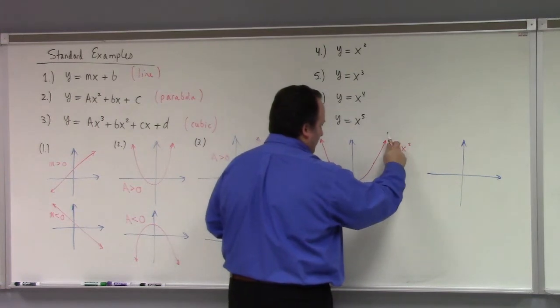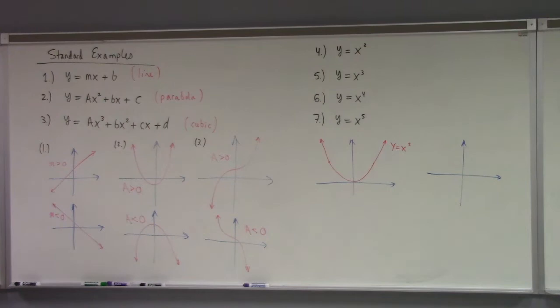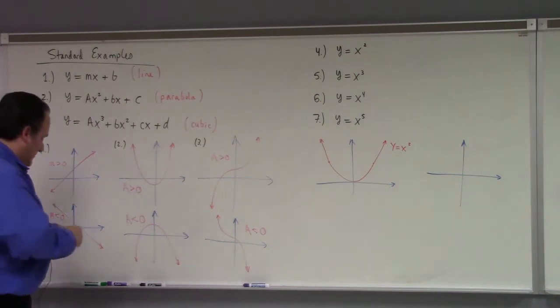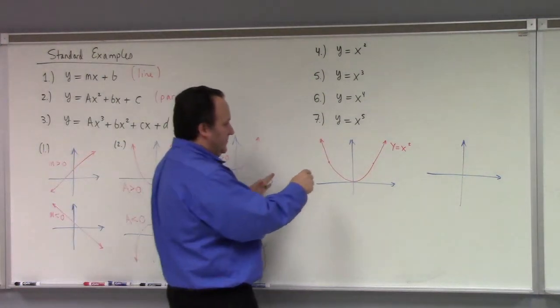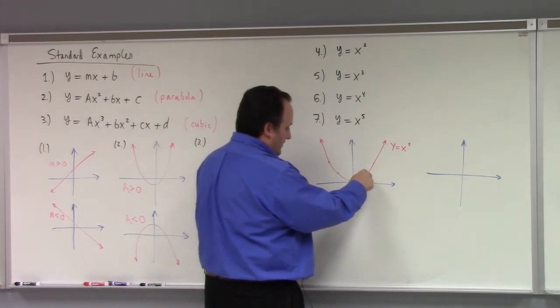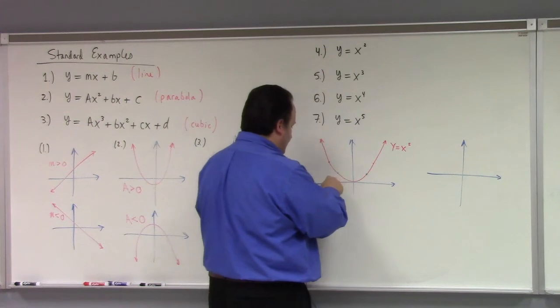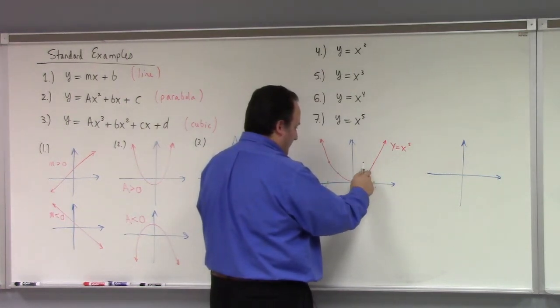It's a parabola, goes through the origin, opens up like that, right? What's y equals x to the 4th? So y equals x to the 4th looks kind of the same. The difference is, if you track this point right here, if this was actually the halfway point.